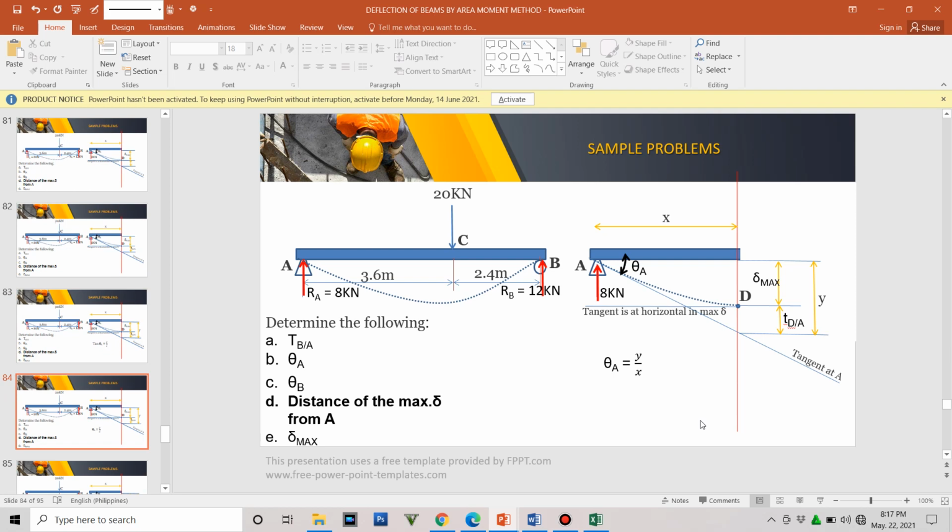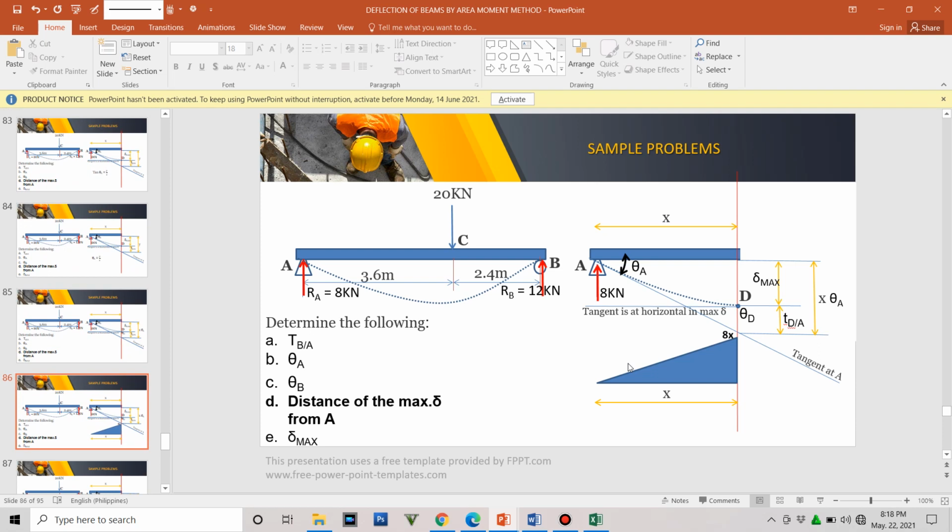In short, theta A is approximately equal to tangent of theta A. So with that, by cross multiplication, y is equal to x theta A. So, punta siya dito, x theta A na. Okay?